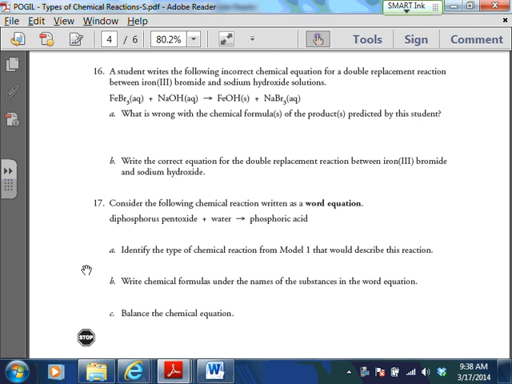Maybe put the positive with the positive, negative with the negative. Did they do that? No, it doesn't look like it. What are the two positives on the left side? Fe and Na, right? So the two negatives are the bromine and the hydroxide. Well, no, they got a positive with a negative, didn't they? So that's okay. So what did they do wrong here?